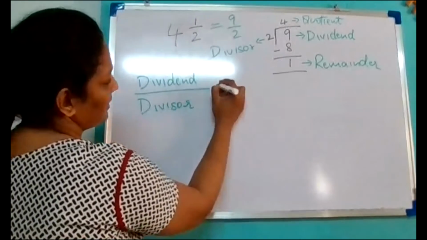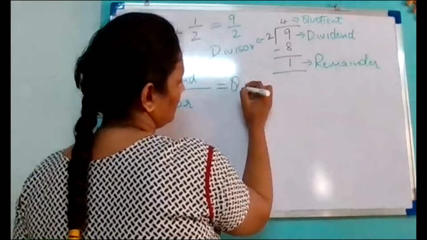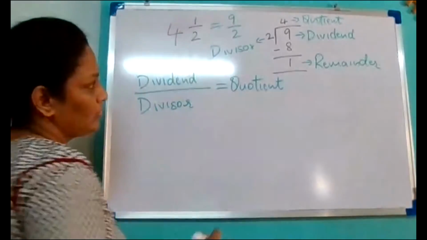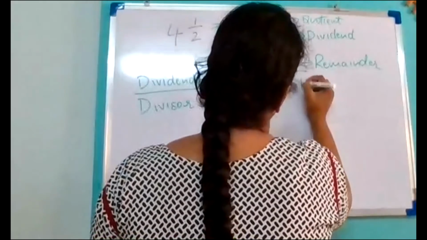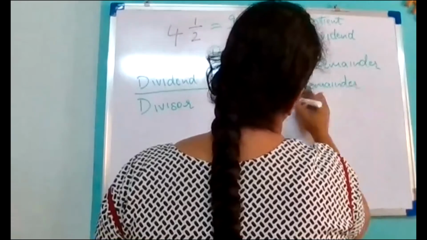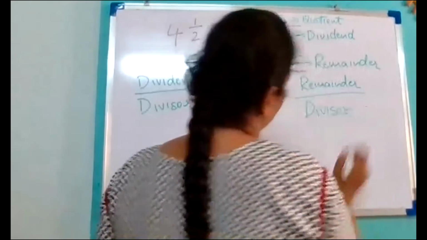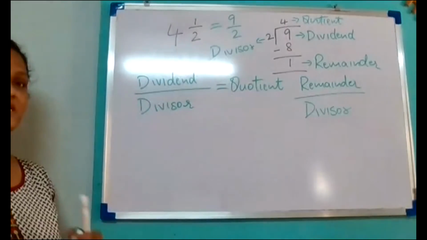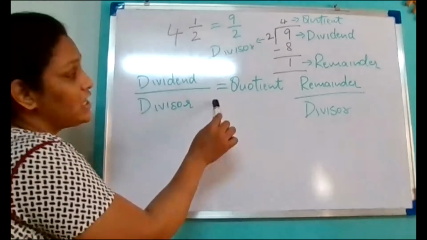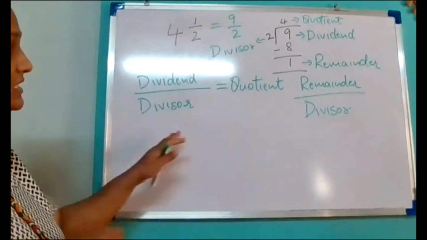Dividend upon divisor is equal to quotient, remainder upon divisor. Now let us see whether this is right or wrong.